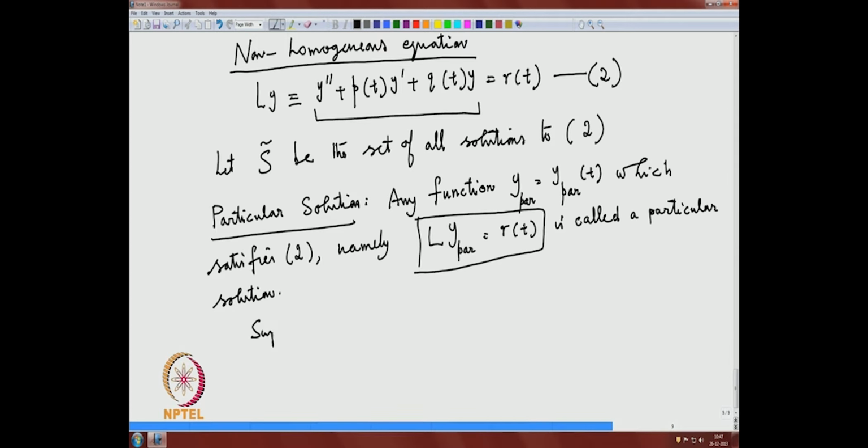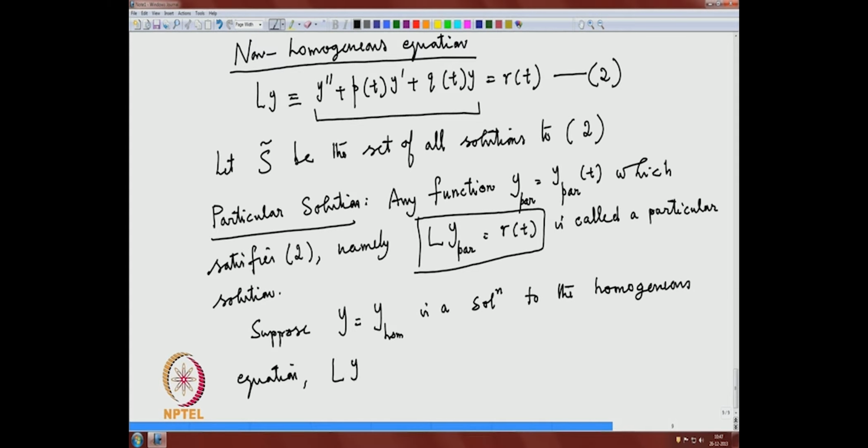Suppose, to distinguish the homogeneous equation, y equal to y homogeneous is a solution to the homogeneous equation, which we already know. What does that mean?